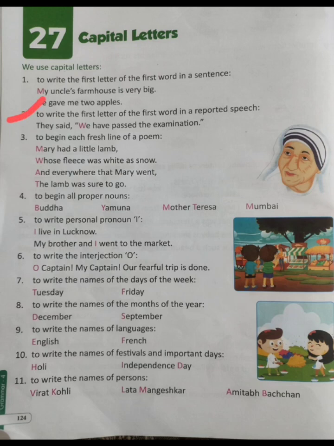Second is to write the first letter of the first word in a reported speech capital. Yes beta, so always make the first letter of the first word in a reported speech capital.